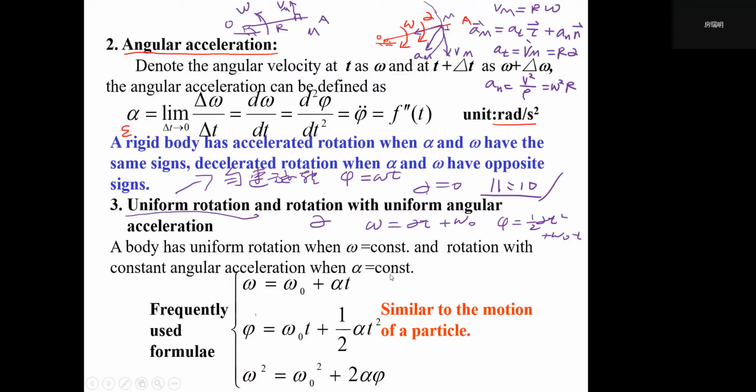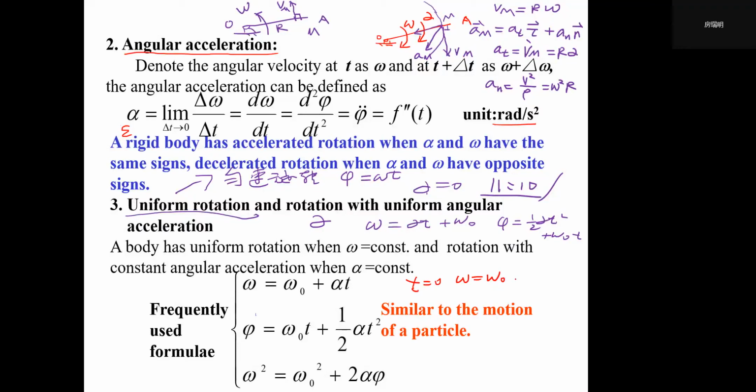If alpha equals constant, then we will have omega equals omega 0 plus alpha t. This omega 0 means when t equals 0, right? When t equals 0, you can find omega equals omega 0.